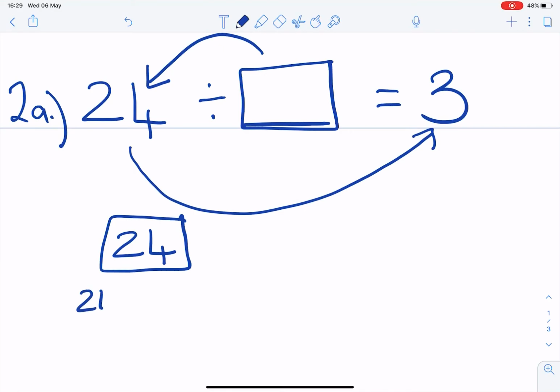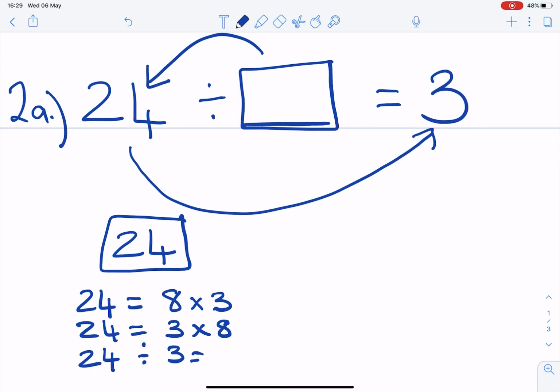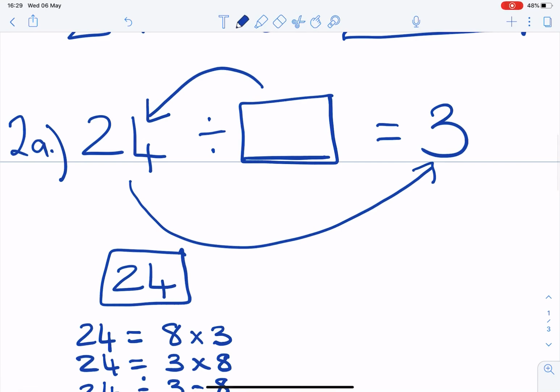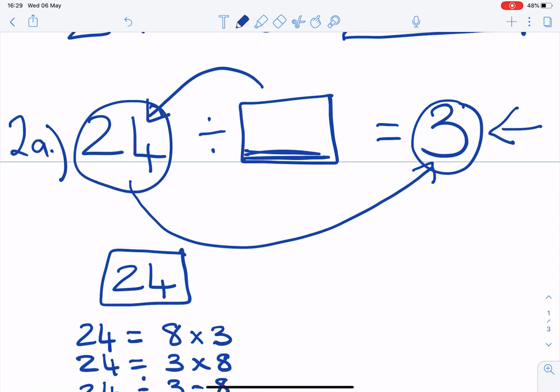So you would say 24 equals 8 times 3, 24 equals 3 times 8, 24 divided by 3 is 8, and 24 divided by 8 is 3. All you're doing is manipulating the 3 numbers to work for you. And that is what you are doing in this sum here. You are manipulating these two numbers in order to find the divisor.